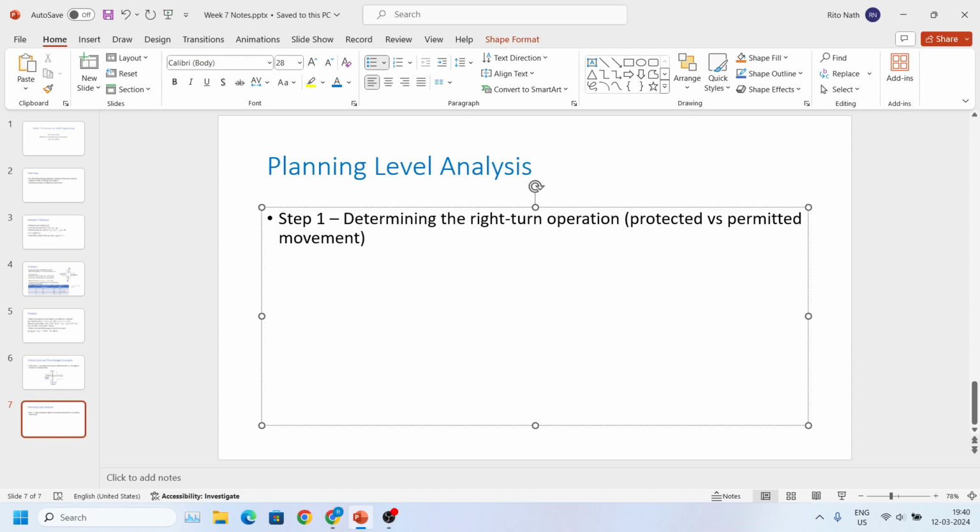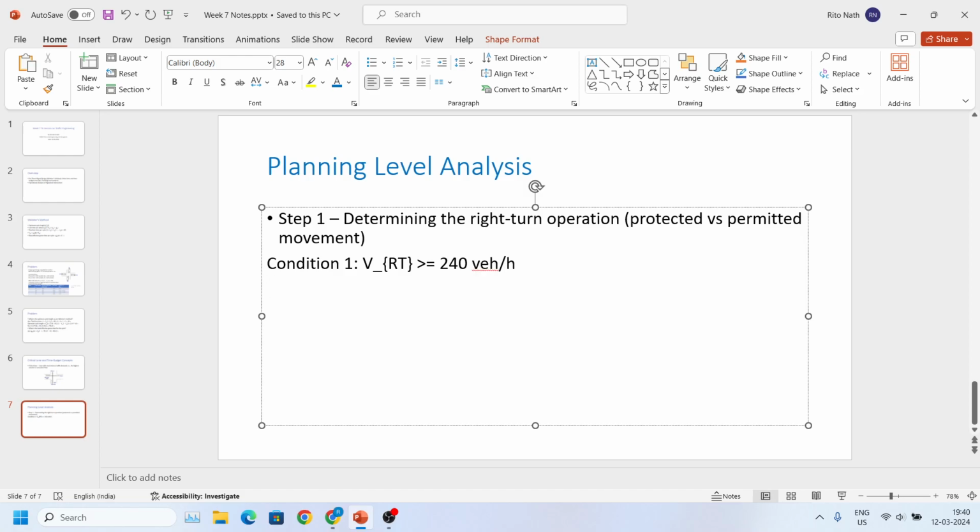There are three conditions that were talked about here. One condition was V_RT, which is the right turn flow rate in vehicles per hour. This has to be greater than this.